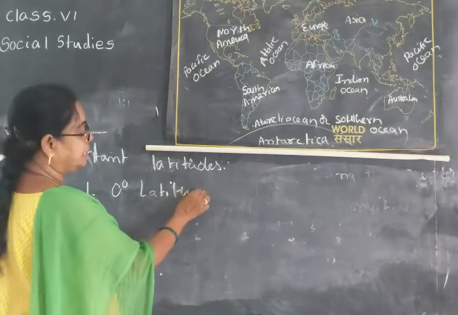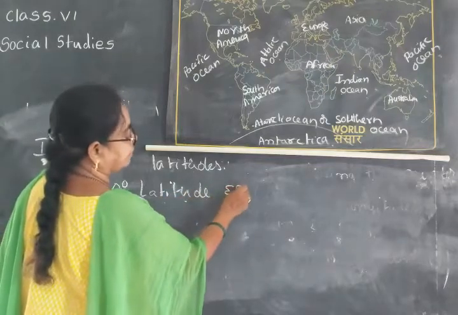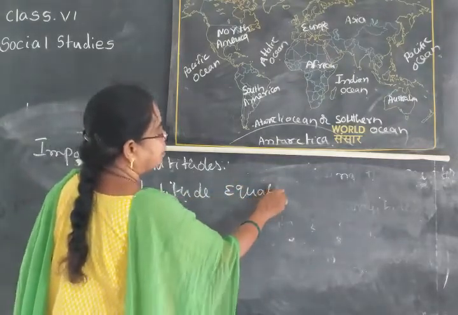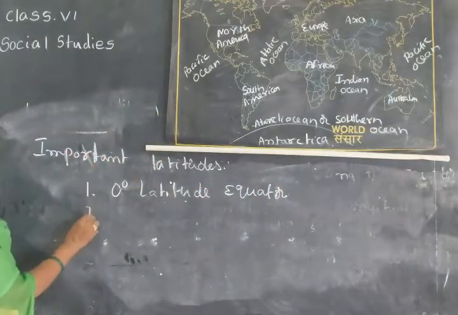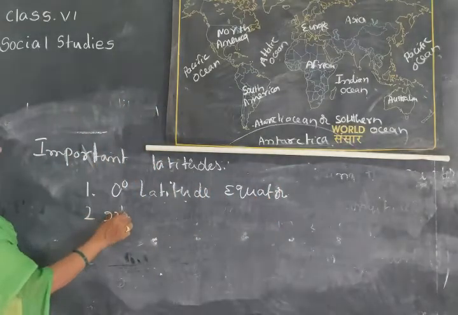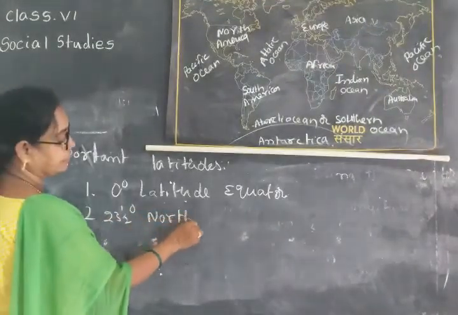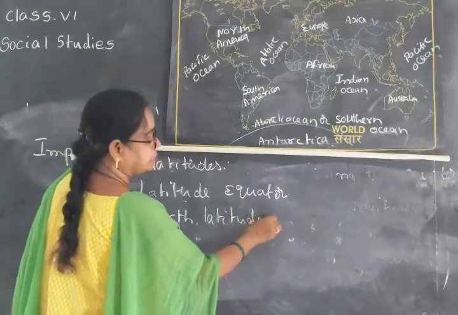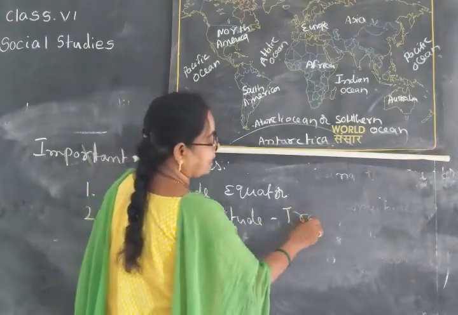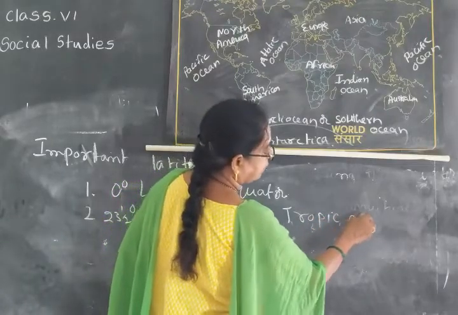What is the 0 degree latitude? We call it the equator. Second one is 23.5 degrees north latitude, called the Tropic of Cancer.